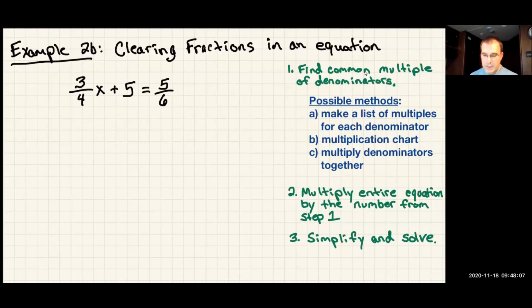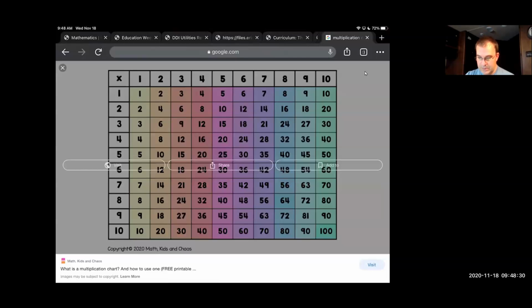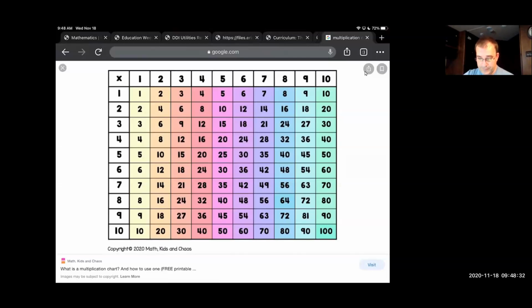Well, there's a lot of different ways we can do that. Probably one of the easiest is to Google multiplication chart. And then I just automatically have a list of multiples. So when you look at this top row of numbers, the numbers below 4 would all be multiples of 4. 4, 8, 12, 16, and so on.